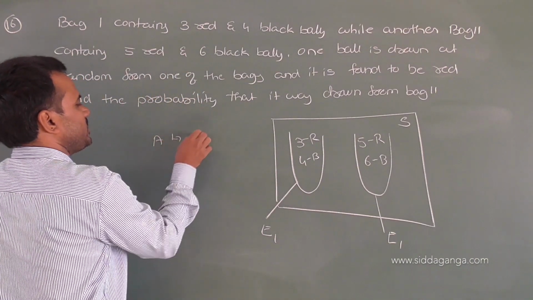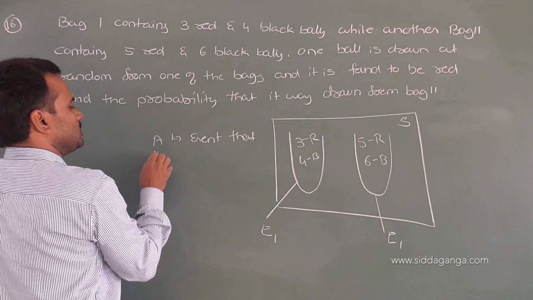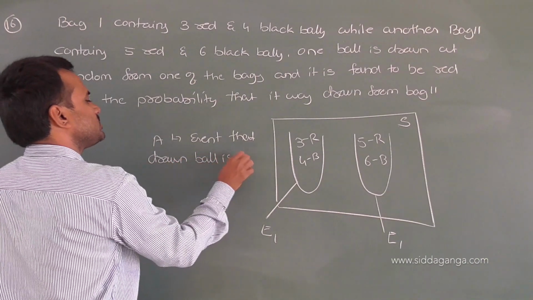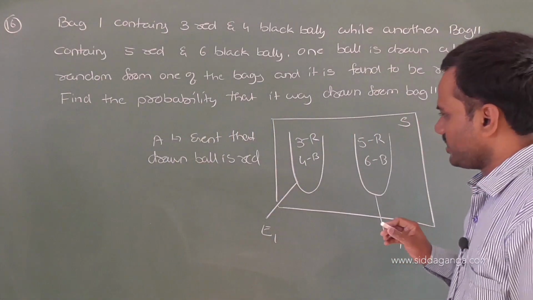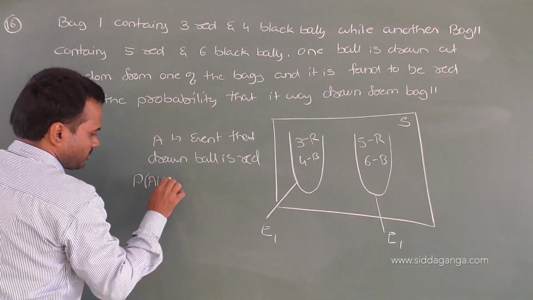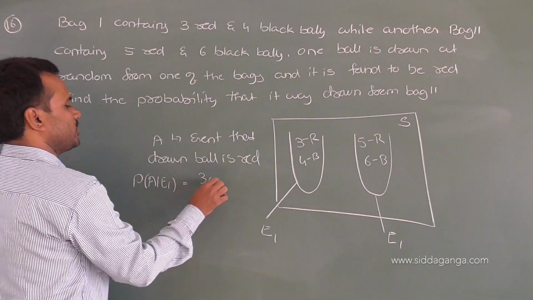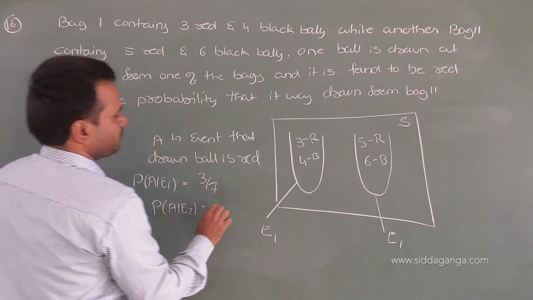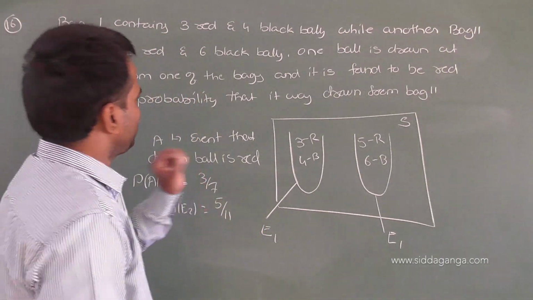Let A be the event that the drawn ball is red. Then probability of A given E1: in bag 1, how many red balls are there? 3 red, so 3 divided by 7. Probability of A given E2: in bag 2, 5 red balls are there, so 5 divided by 11.